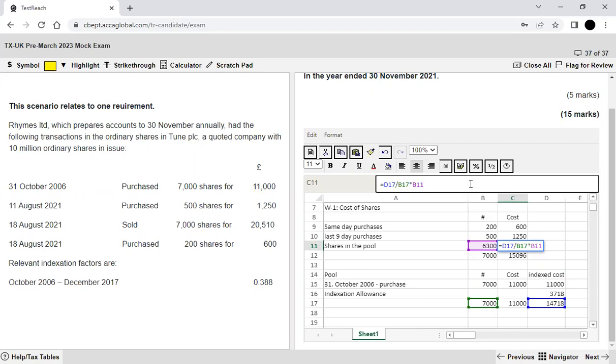So I calculated the weighted average cost multiplied by number of shares. So again, I'm done with this.